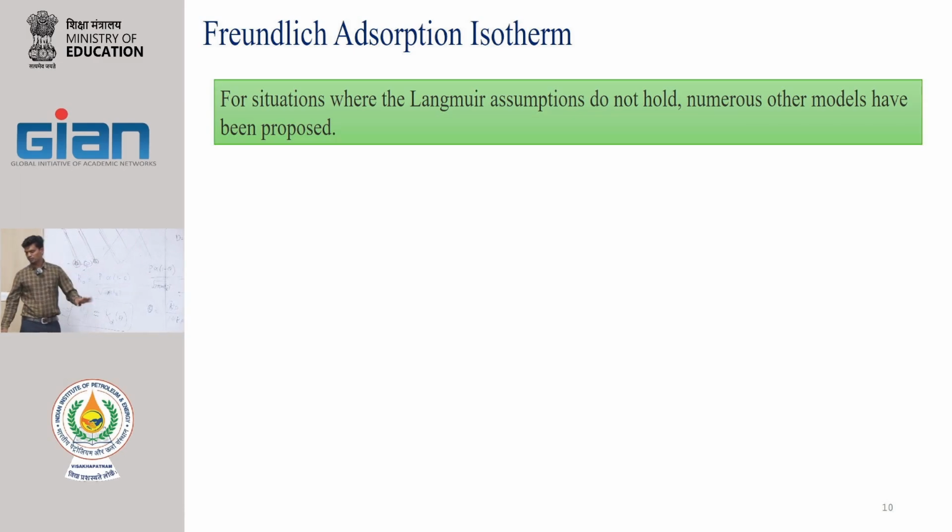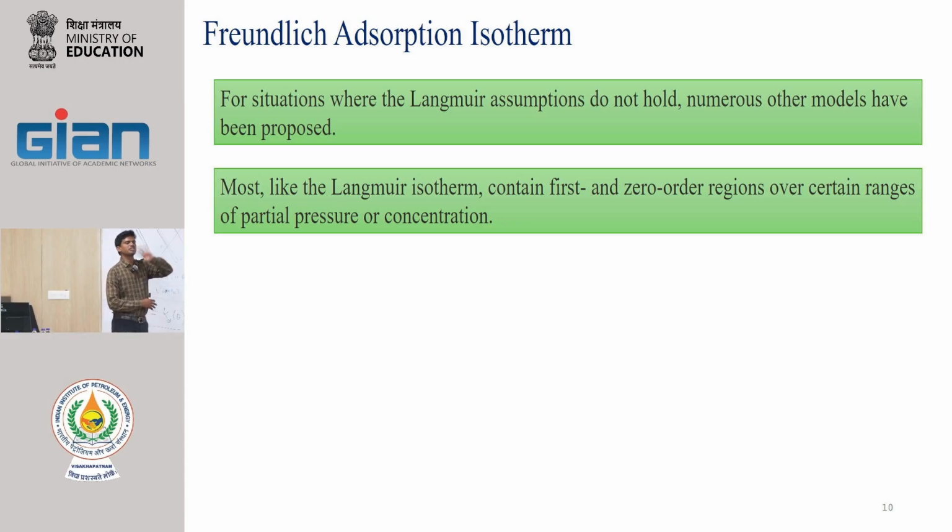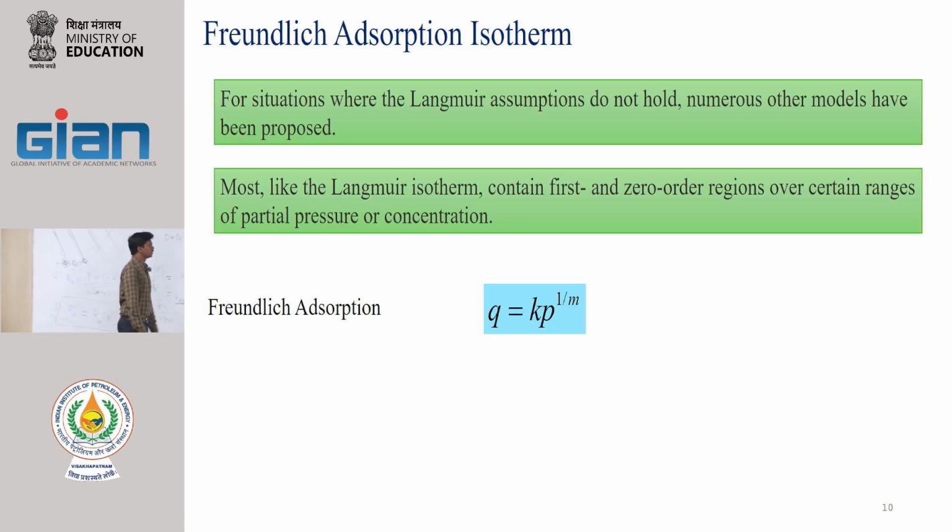It tries to fit with a polynomial equation. Whenever you get an adsorption isotherm, you try to fit it with a polynomial equation, so the polynomial factor will change. It will have something like that: Q is the adsorption capacity, K is a constant, P is the pressure, and M is a constant. So here we have two constants, K and M. Both depend on the temperature only and change from system to system.